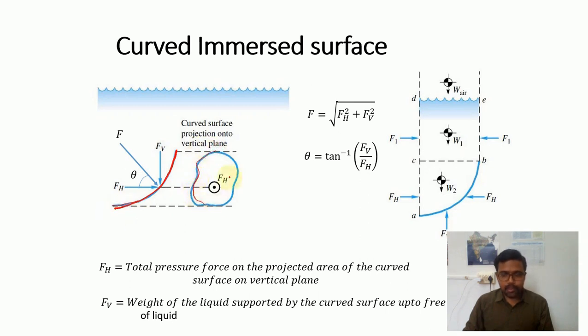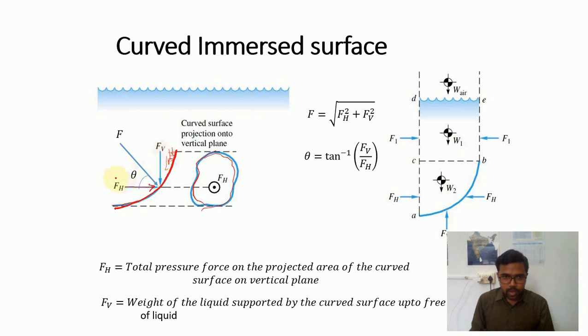So for curved immersed objects we can take the projections. This is the total horizontal force acting on the curved surface, that is, the summation of all small horizontal forces acting over it. And the summation of all vertical forces acting on the curved surface is the total vertical force, FV.